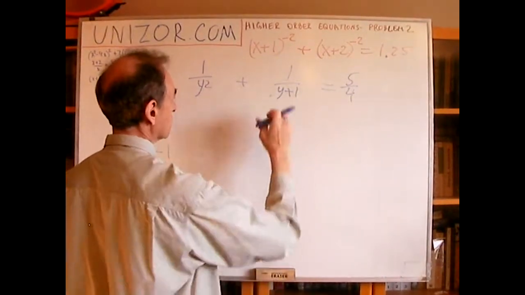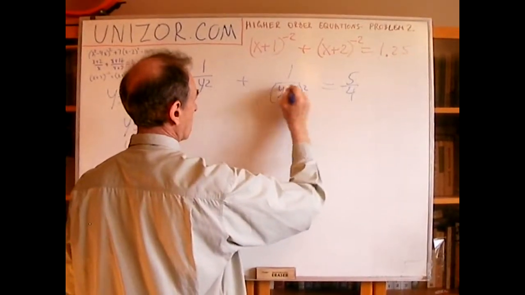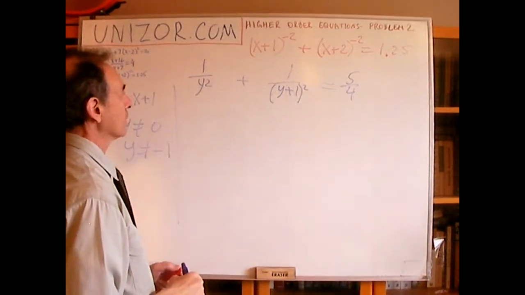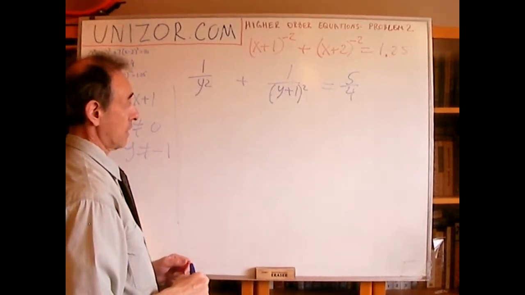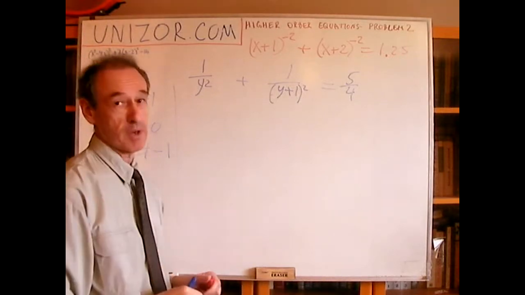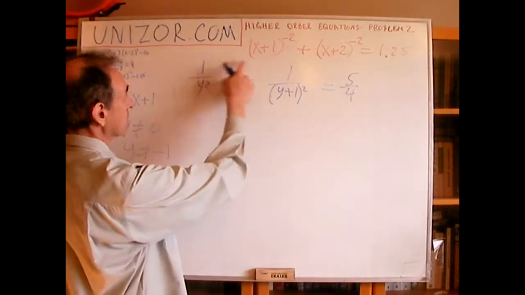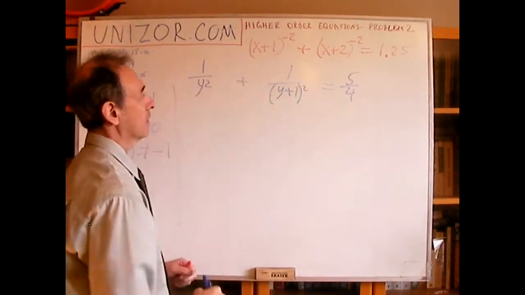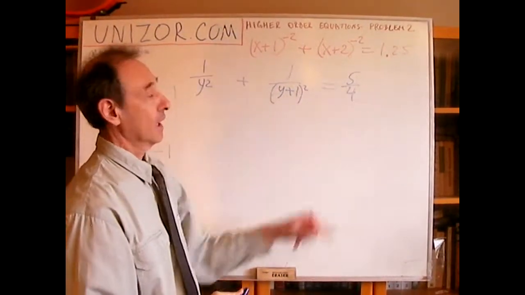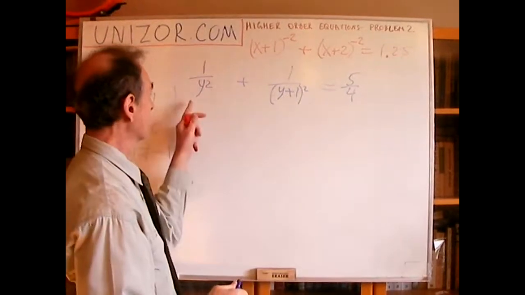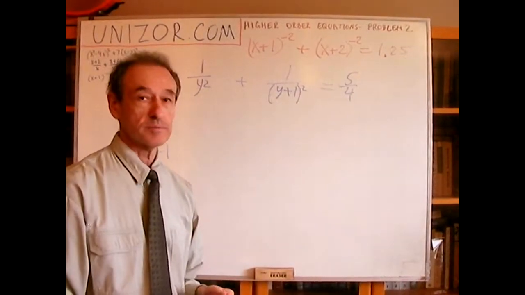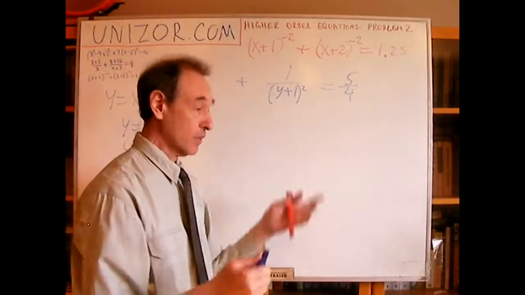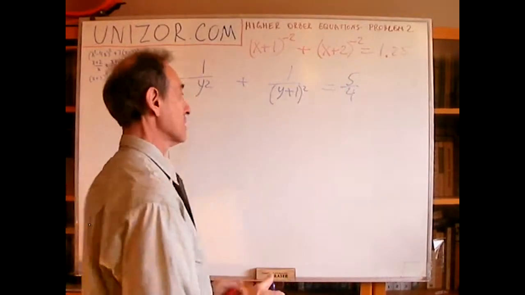It looks a little bit easier, right? So the common denominator is y squared times y plus 1 squared. Now, what's good and what's bad about it? What's good is that on the left I will have quadratic, y plus 1 squared here and y squared there. But on the right, unfortunately, I have the polynomial of the fourth degree, right? So it will be y squared times y plus 1 squared. Well, whatever it is, let's just deal with this.